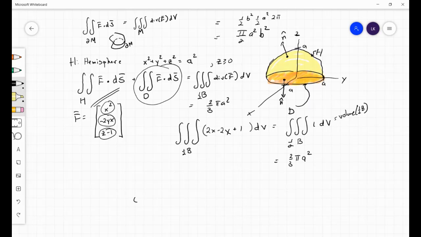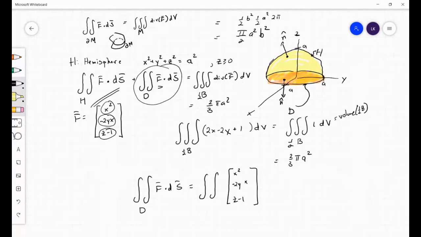So what we're going to do is compute this flux integral through that disk. We have our vector field F. How can I simplify this vector field if I know I'm integrating over that disk?